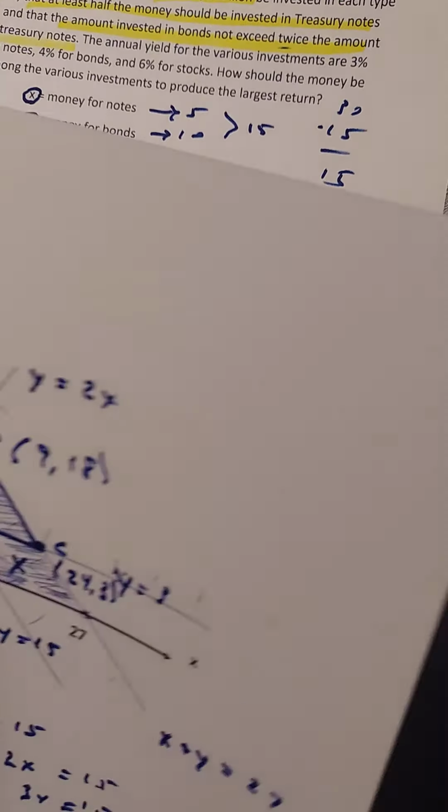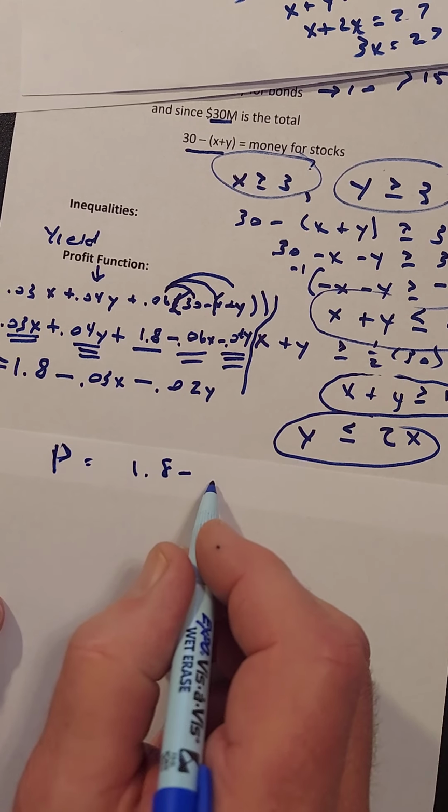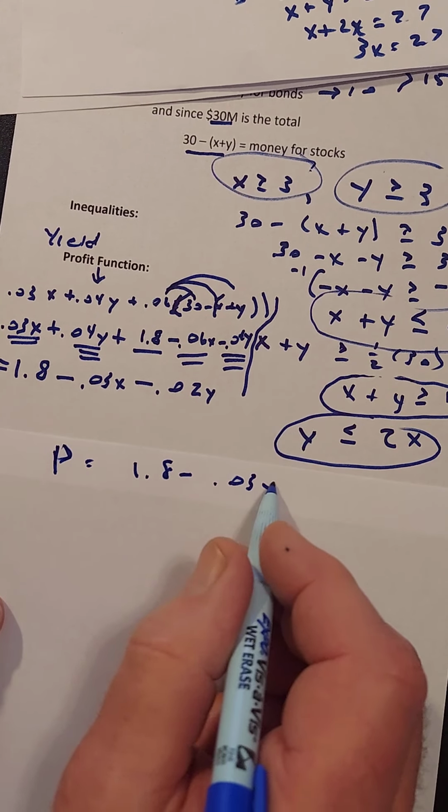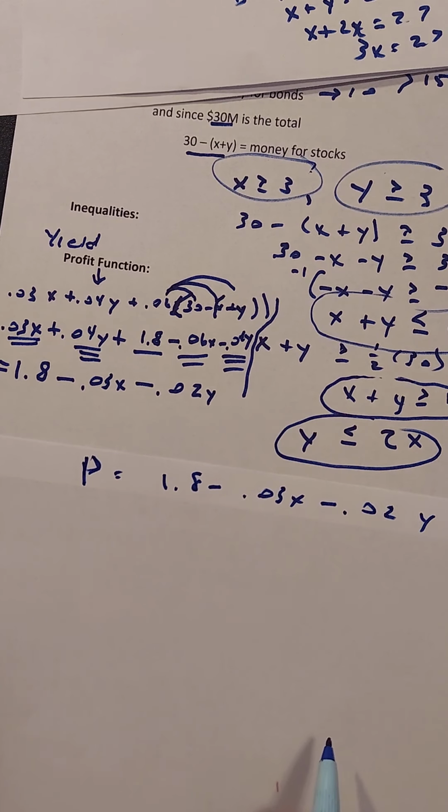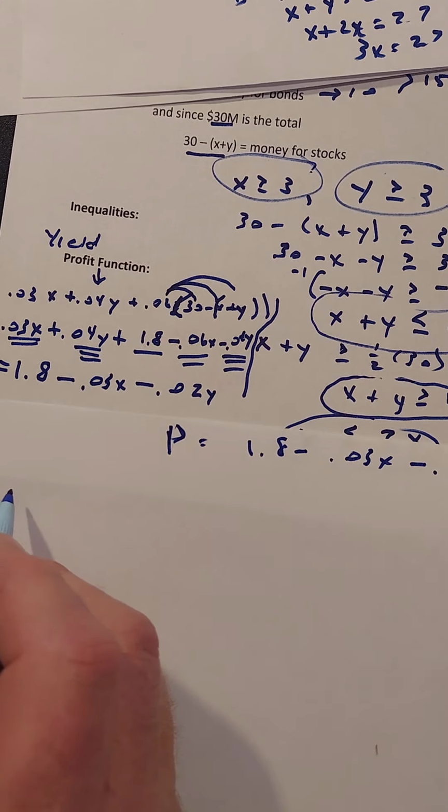Into that profit function. So if you remember, my profit function was, all I'm doing is copying from that previous page up here, P is equal to 1.8 minus 0.03x minus 0.02y. And then I'm going to take and find the profit off each of those points. So I want profit at (5, 10), that was point A on my picture.